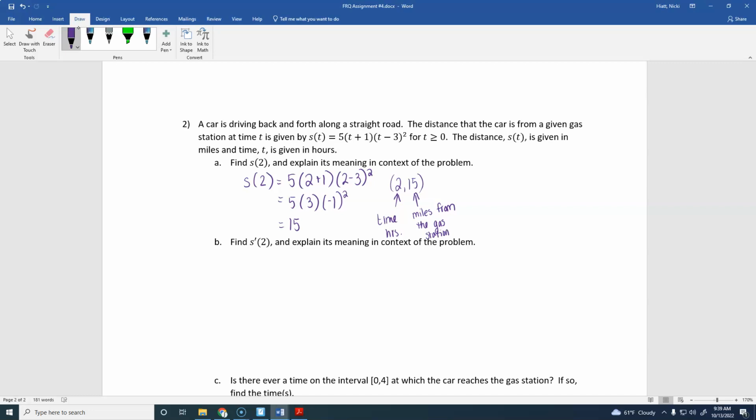Okay, so in this particular case, this means at 2 hours, the car is 15 miles from the gas station.